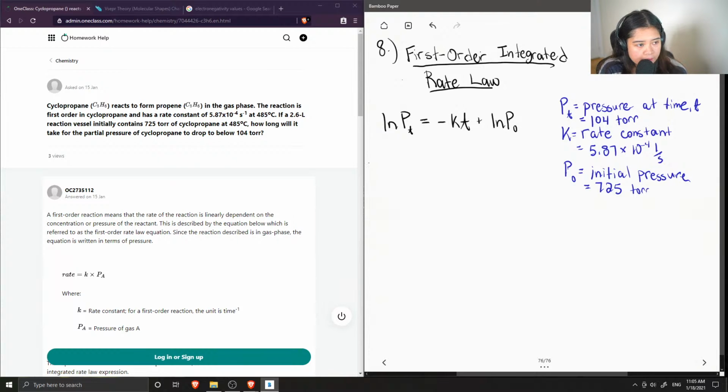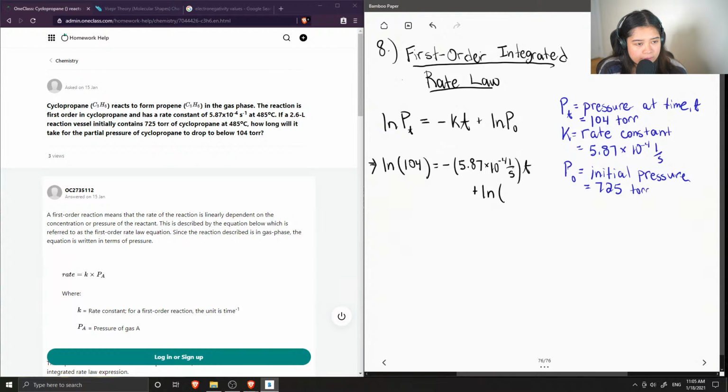So now let's plug in our values. We'll have ln of 104 is equal to negative k, which is the 5.87 times 10 to the negative 4 inverse seconds, times t. I didn't give myself enough room, but let's just continue it here.